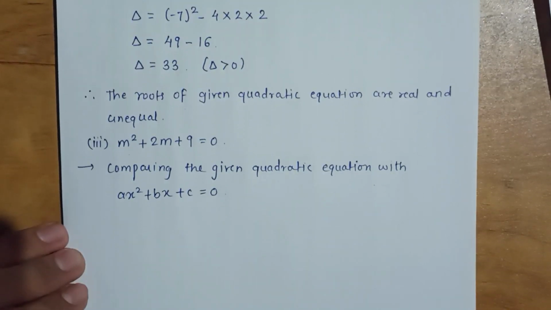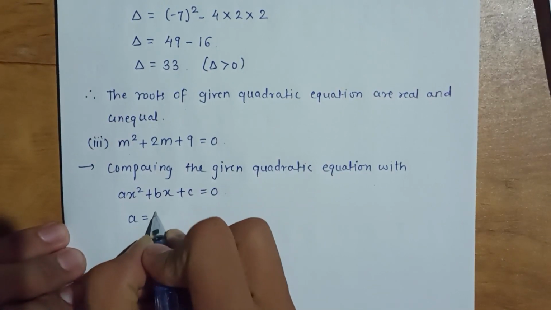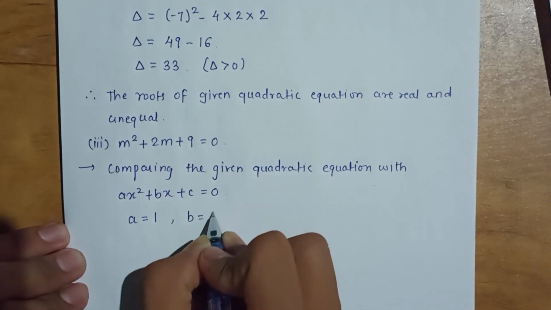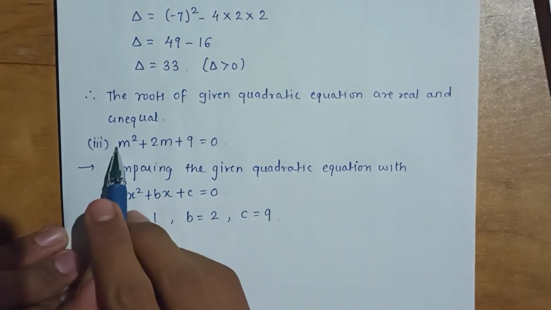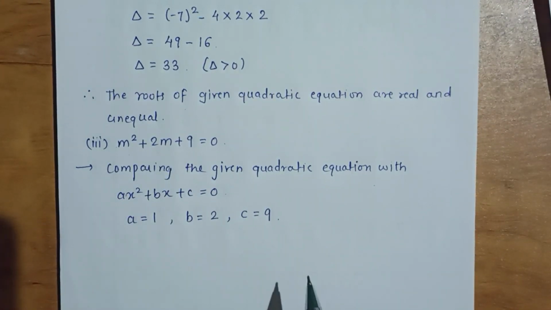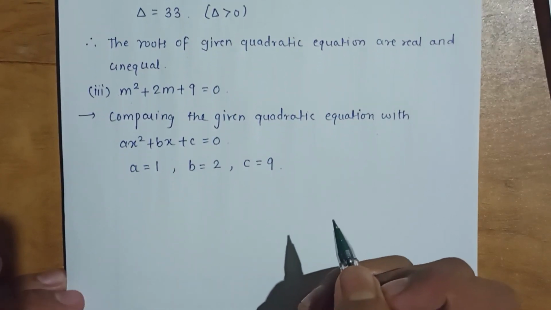So we get the value of a as 1, the value of b as 2 and the value of c as 9. 1, 2 and 9.